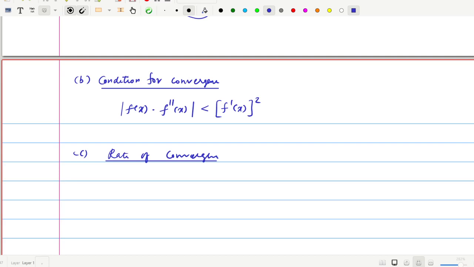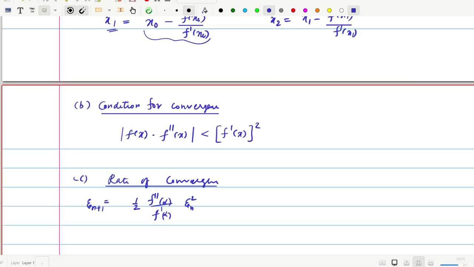Then the rate of convergence is defined as half this k times epsilon n squared, that is nothing but half of f double dash alpha divided by f dash alpha times epsilon n squared, that is epsilon n plus 1, where this epsilon n plus 1 is the error at the n plus 1 stage, that is the difference between alpha and x n plus 1, the n plus 1th approximation, the difference between the actual root and this n plus 1 approximation.